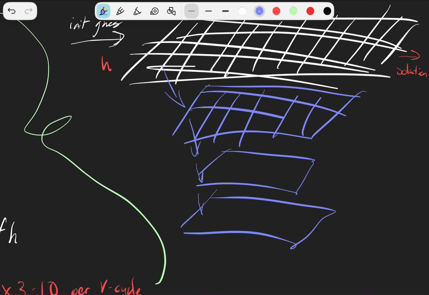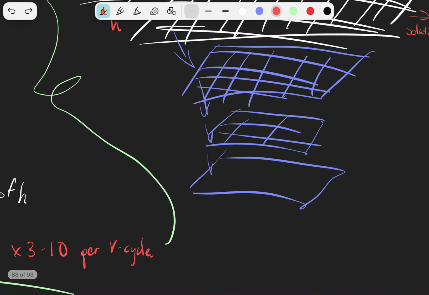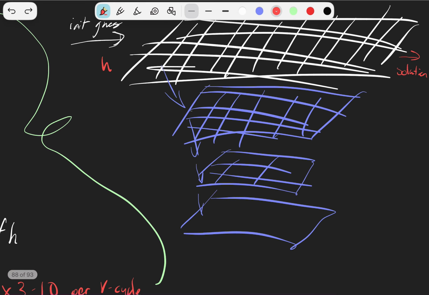These grids will look kind of like that, until we get to the full H, and this is the lowest frequency. The lowest frequency would be solved exactly here, and what we can then do is perform the prolongation back up to get our solution.